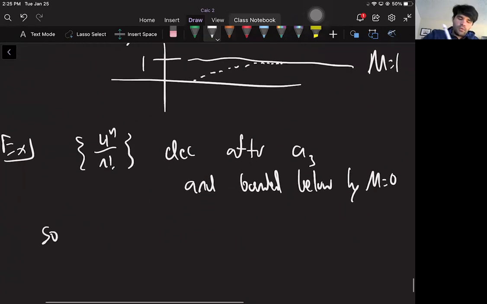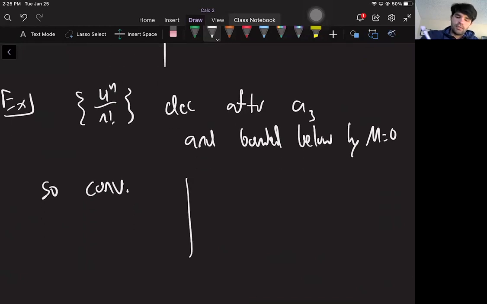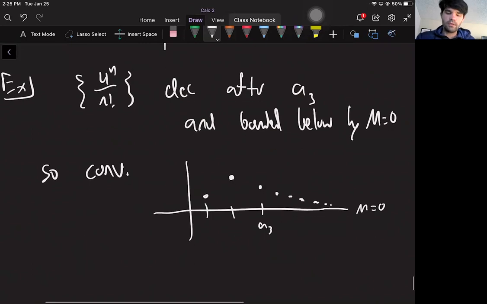So this one also converges. Same idea, except the first 2 terms actually go up, but then at the 3rd term, it starts to go down, down, down forever. And so it's got to converge because it's not ever going to pass the bound. It'll just go towards the bound.